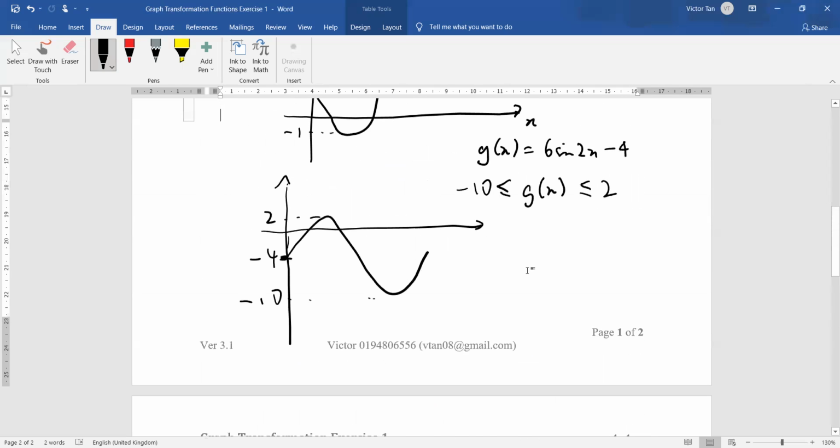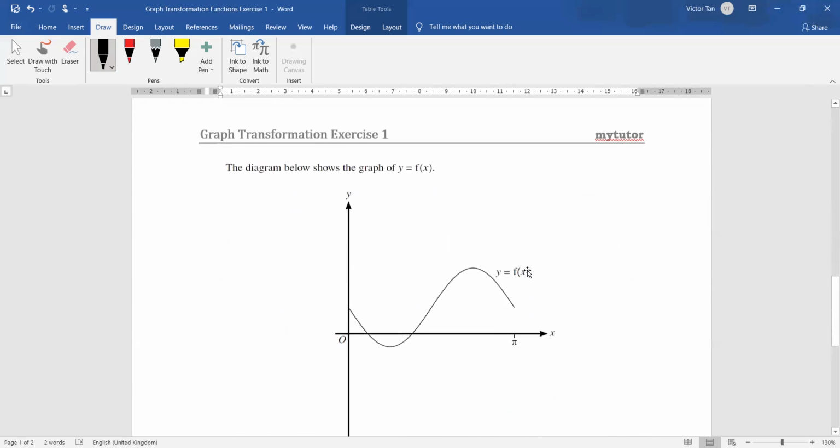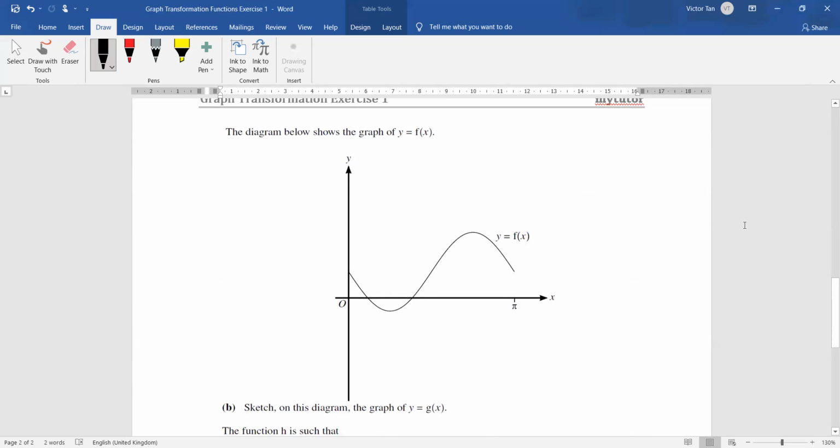So g(x) is basically a reflection and then a stretch by 2. So this is g(x).